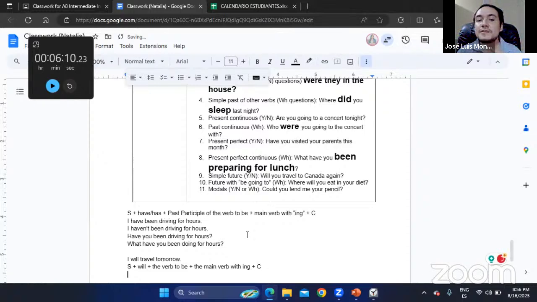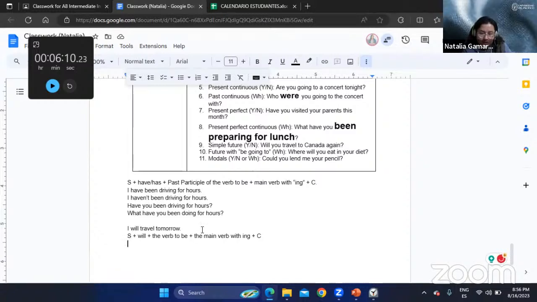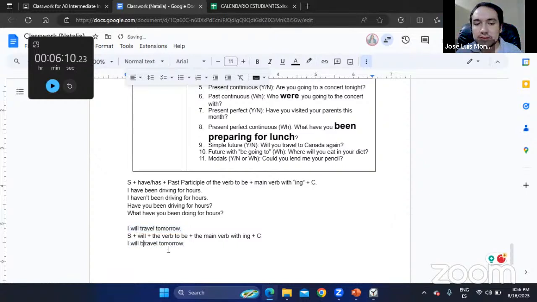If this is the formula, how do you make this continuous? I will be traveling. Yes, that's it. Okay, and you don't need to do anything else.